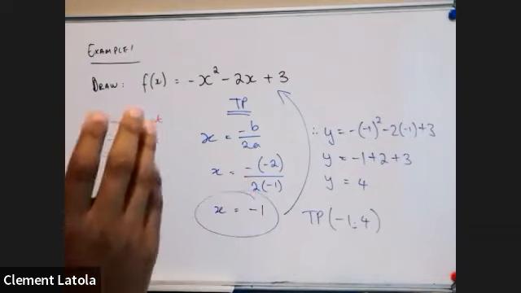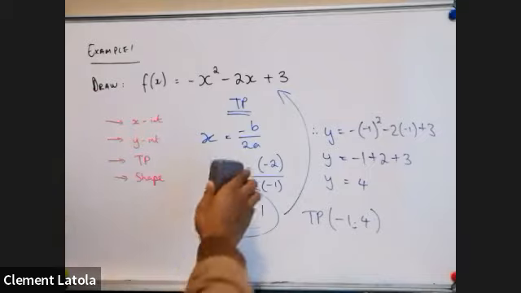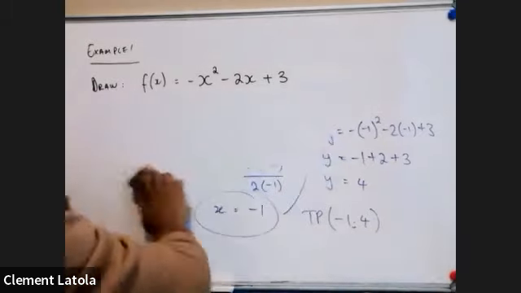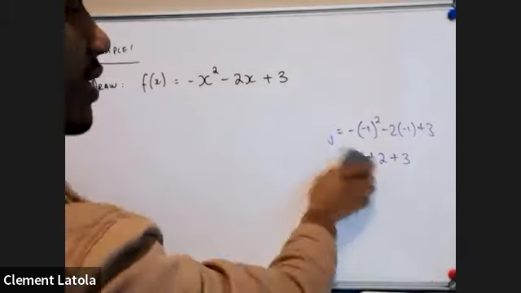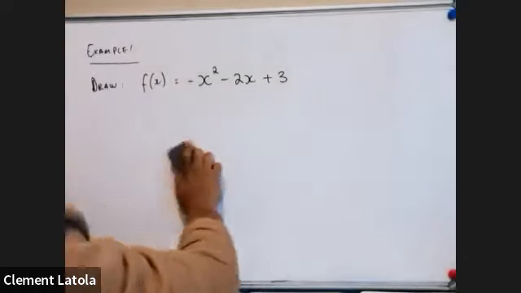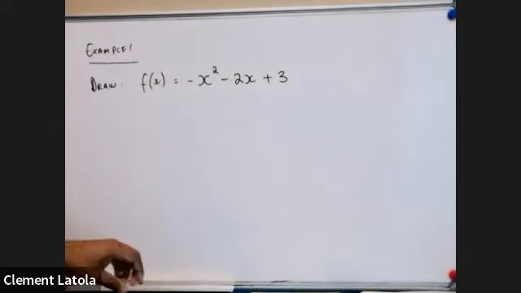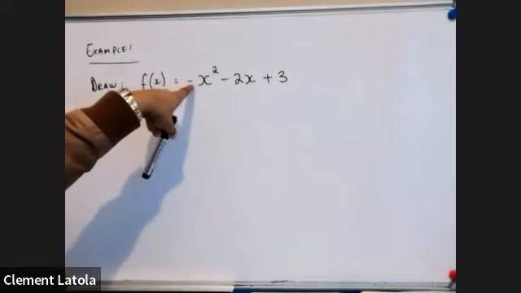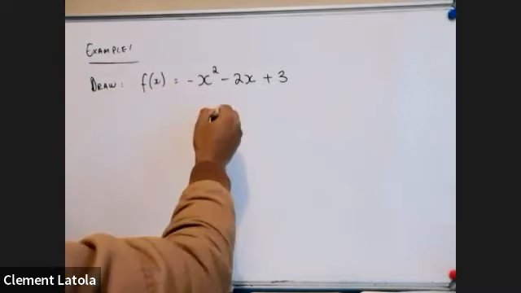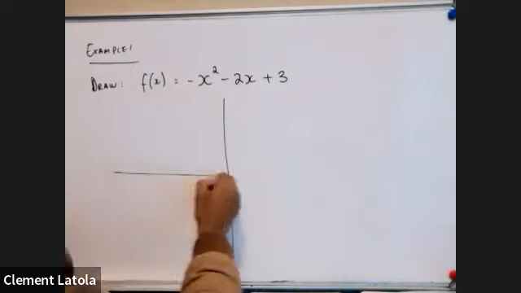But otherwise, let's get to drawing this graph. So we said the shape of this graph is going to be a sad-faced parabola. That's because this x squared is negative. So let's start out by doing a Cartesian plane.